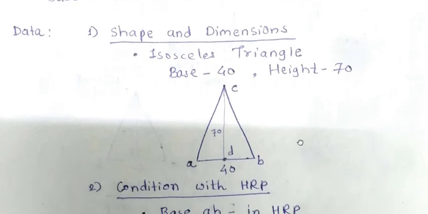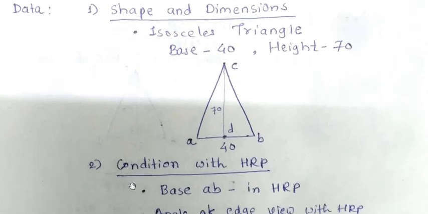Now the second thing in the data is condition with HRP. And we know in condition with HRP generally two things are there. The first is something of that shape would be in HRP, either corner or edge. And the second thing of condition with respect to HRP is the angle made by edge view with HRP.